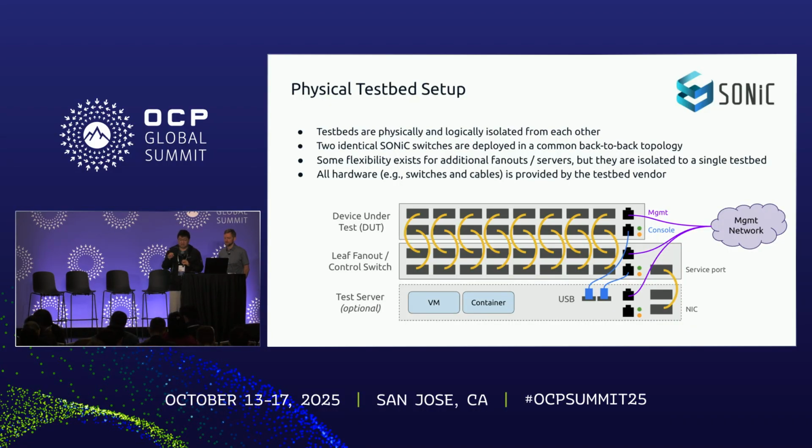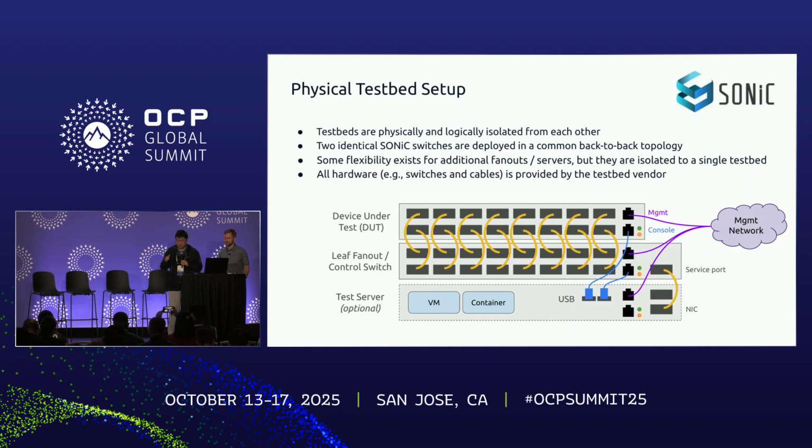That VM and container serve as a control machine and run the test cases on that server. But the server is also able to generate traffic from the server's NIC to the service port of that control switch, and then it will be able to fan out to one of the leaf fan-out ports and then go to the DUT correspondingly.